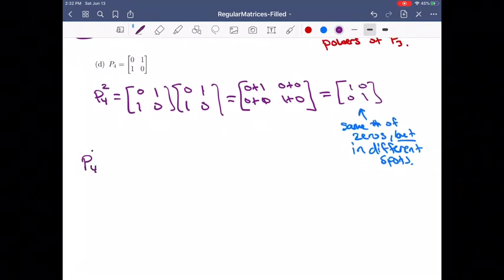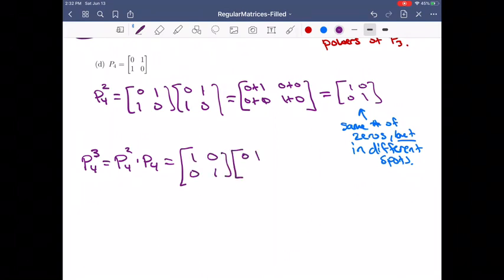So I'm going to do P4 squared times P4. So that's the 1, 0, 0, 1 matrix times the 0, 1, 1, 0 matrix. Okay, so that's 0 plus 0, and then 1 plus 0, 0 plus 1, and 0 plus 0.